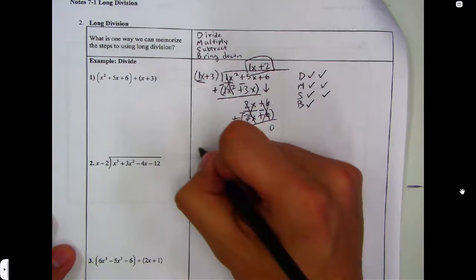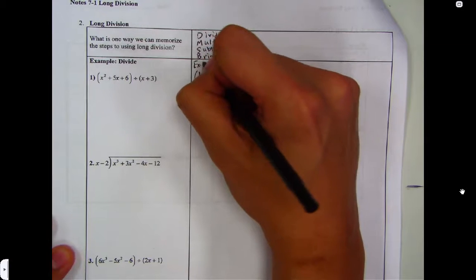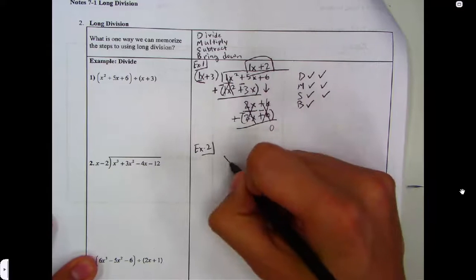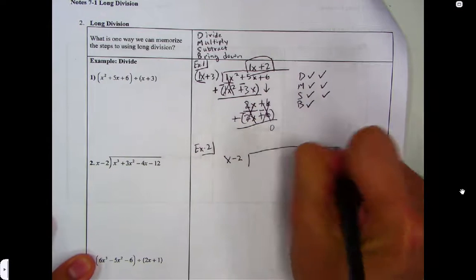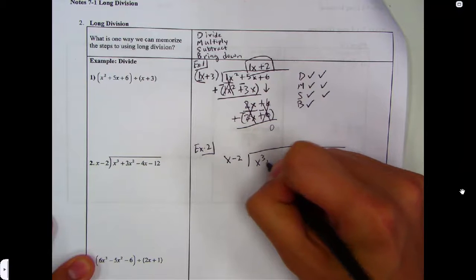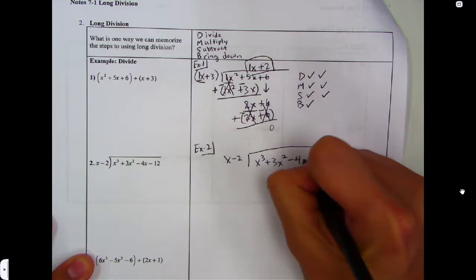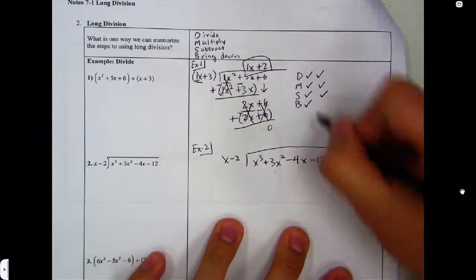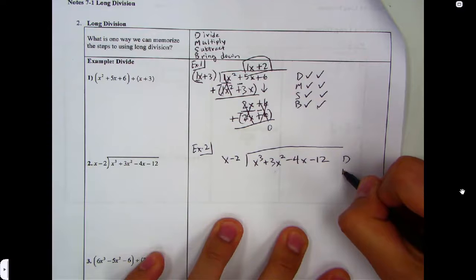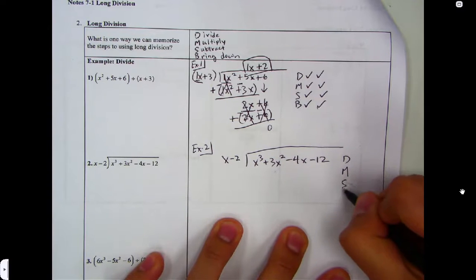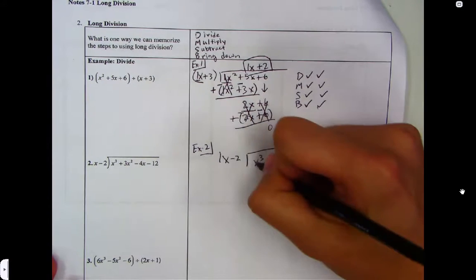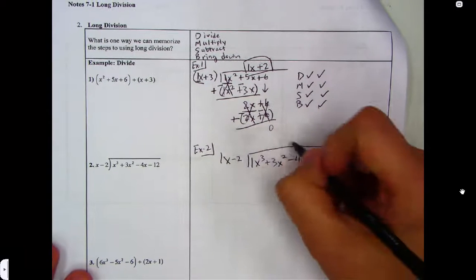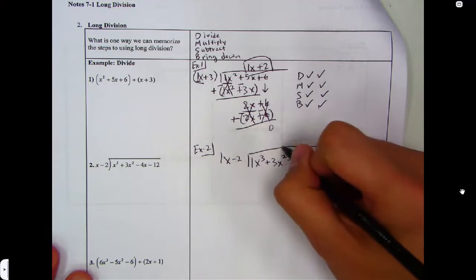Example 2. Just going to copy the problem right here: x cubed plus 3x squared minus 4x minus 12 divided by x minus 2. I'm going to write the steps right here. Does McDonald's sell burgers? I'm going to write the 1 and I'm going to divide. 1 goes into 1 one time. x goes into x cubed, x squared.